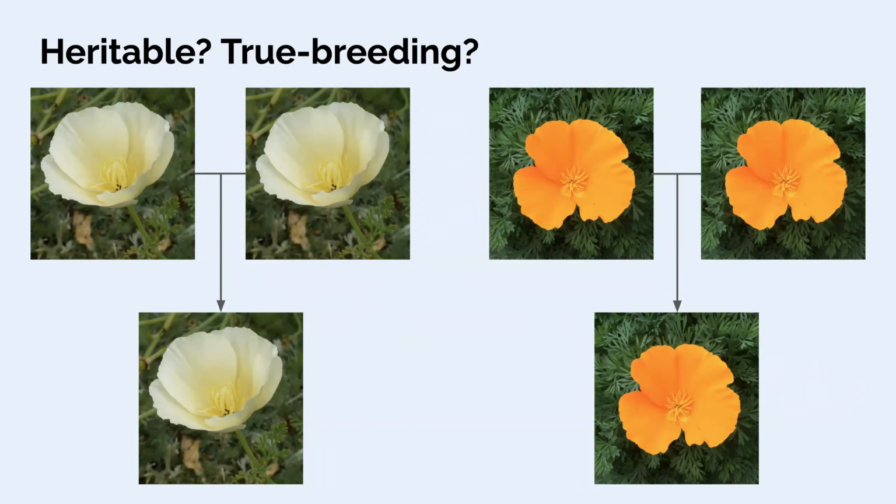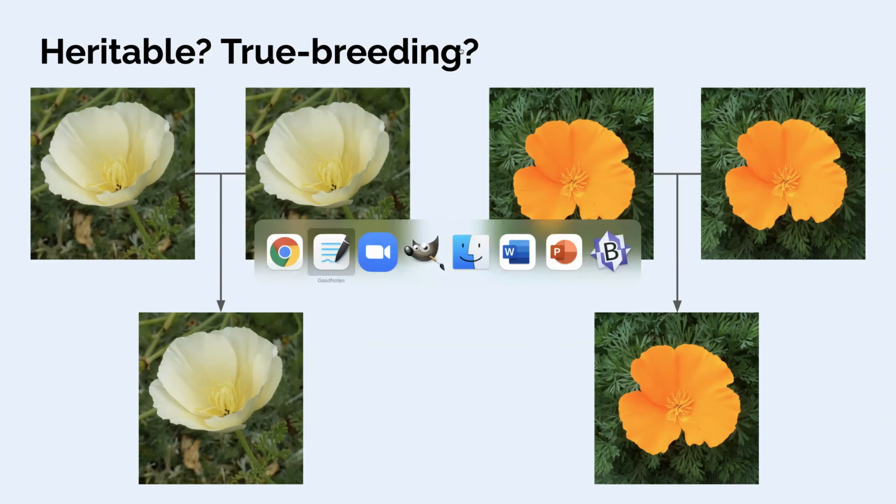A lot of times in what we call classical genetics, you would take a long time to get familiar with your organism and try to cultivate it in a controlled environment, and then try to do some breeding experiments. So a couple of questions that you'd probably want to address early on in your study are whether individuals are true breeding and whether the trait you're looking at is heritable.